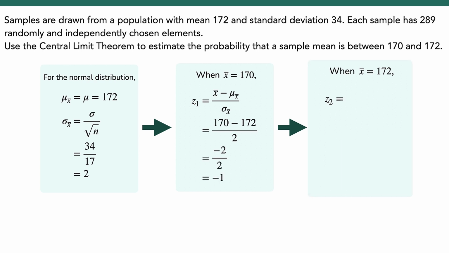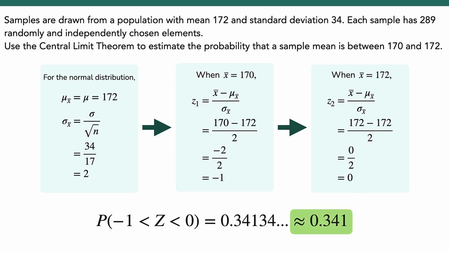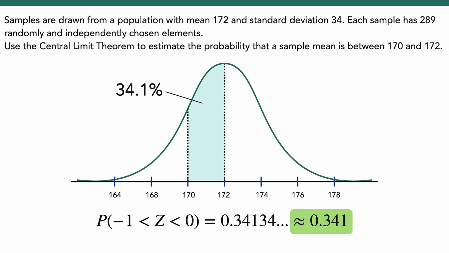When x equals 172, z2 equals 172 minus 172 divided by 2, which is 0. Now we can use a calculator to find the probability that the z-score is between negative 1 and 0, which is approximately 0.341. In other words, there's a 34.1% chance that the mean of the random sample we choose will be between 170 and 172.